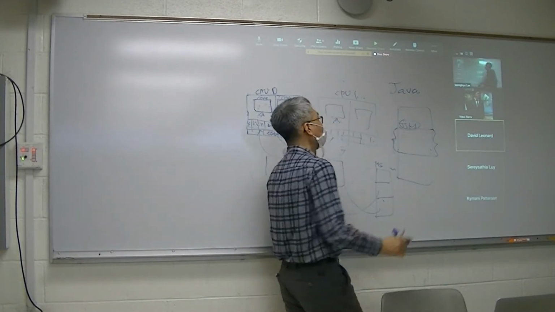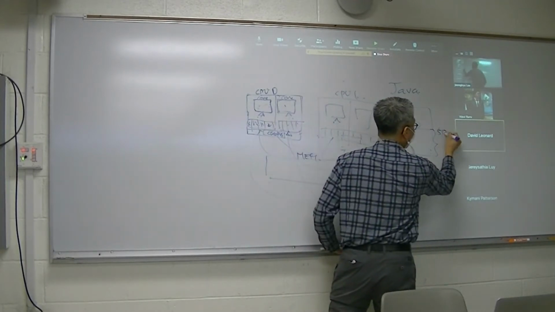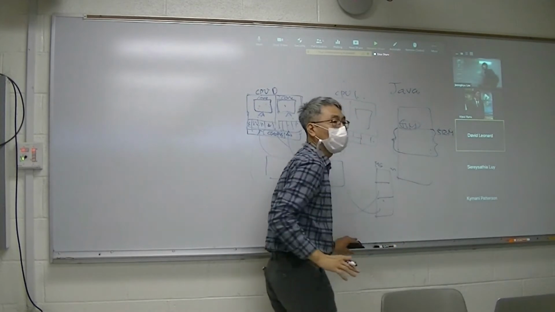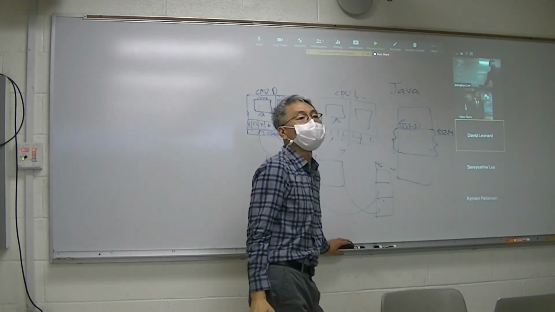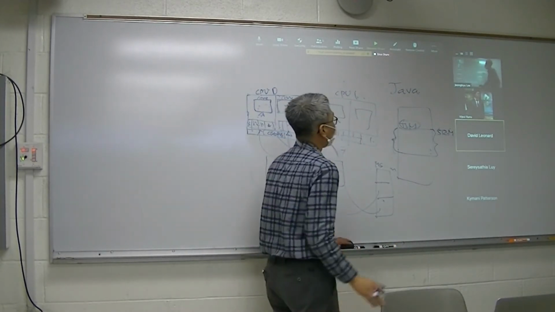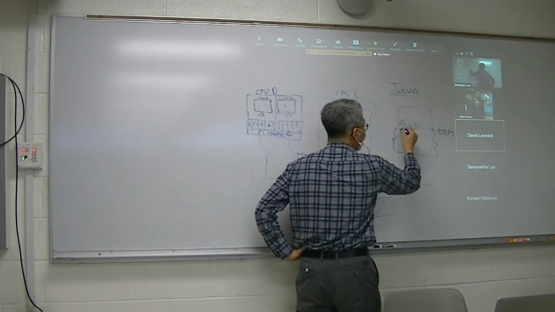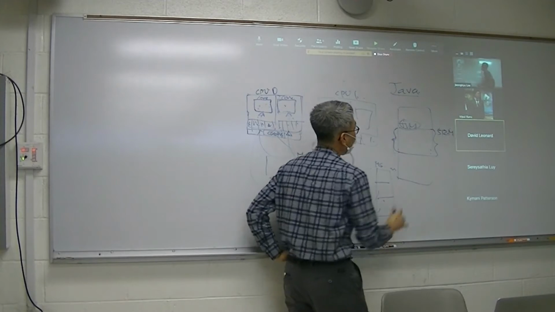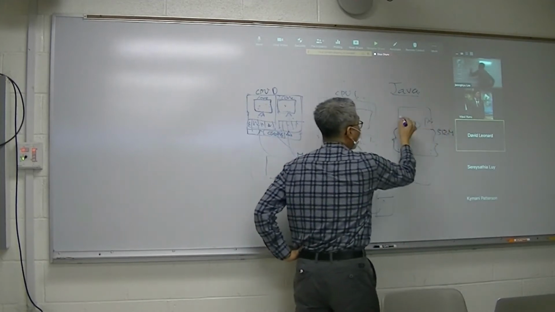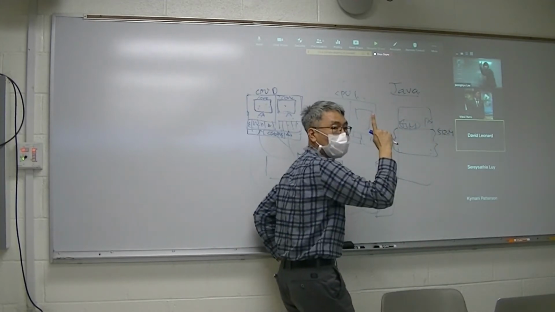Then this 512 megabytes is the default, but you can increase it in your settings. When you run the Java application and check the process ID, like with the ps command, it has only one process.